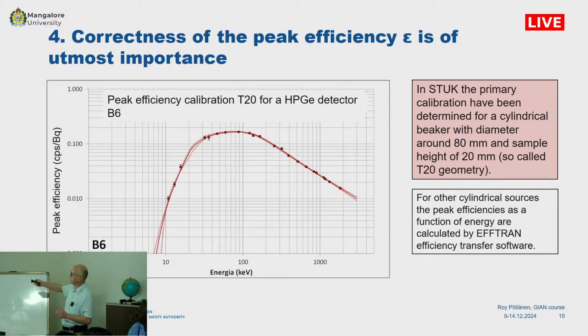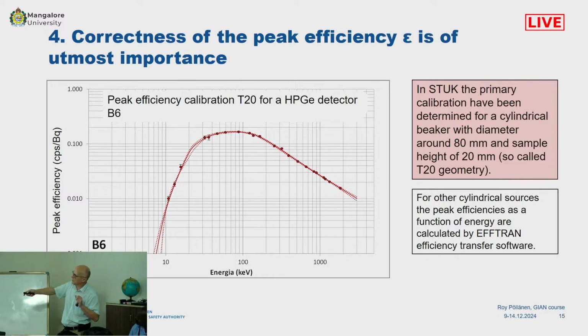It is explained here. So what we do when we have a sample with different characteristics, for example, different elemental composition or a different size of beaker, is we use so-called efficiency transfer software. I will explain this part later too.